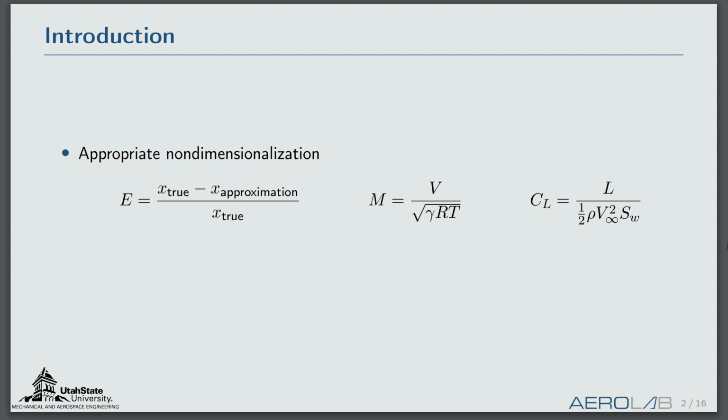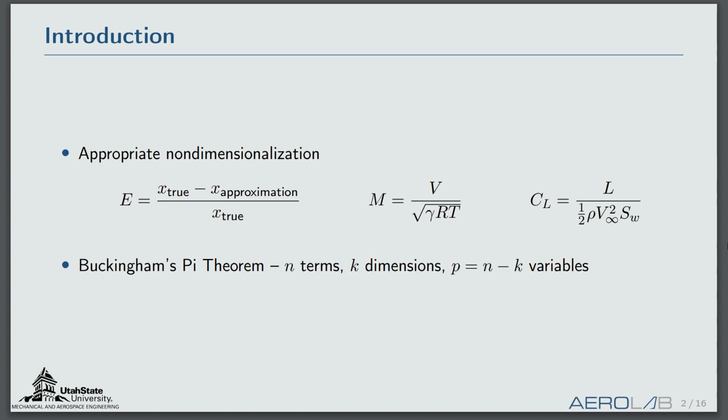A method that we will frequently use to do these non-dimensionalizations is called Buckingham's Pi Theorem. Buckingham's Pi Theorem states that if we have an equation of n terms and k dimensions, so mass, length, time, then we would be able to reorganize this equation into p terms, where p is equal to n minus k.